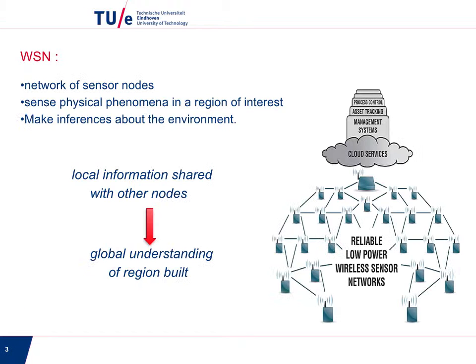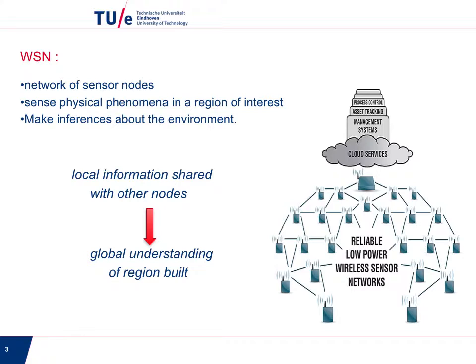So first and foremost, what are wireless sensor networks? They are a network of sensor nodes that sense physical phenomena in a region of interest. So each sensor node senses phenomena like heat, temperature, sound in its region of interest. It then shares this local information with other nodes, and in this way, a global understanding of the region of interest is built.